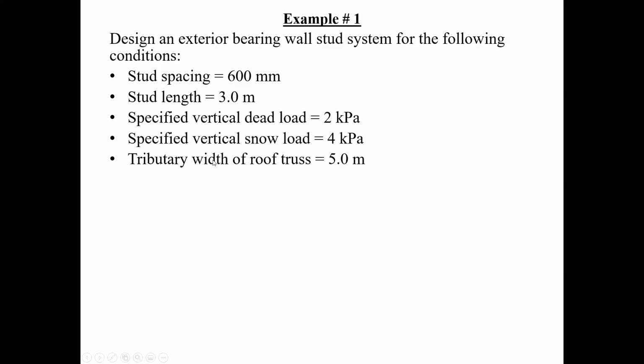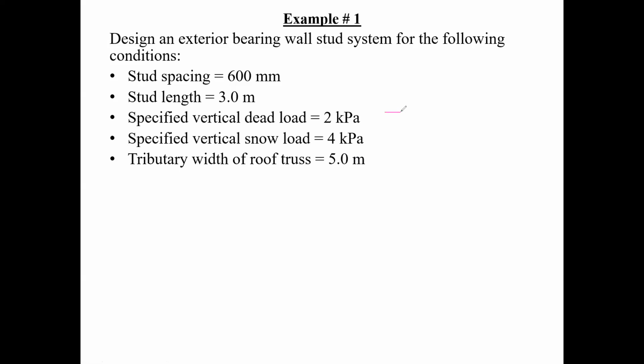Now, the tributary width of the roof truss is 5 meters. That means the truss has a 10-meter span. Everybody understands? In other words, I'm only taking what is tributary to the wall. So in this case, the span of the truss would probably be 10 meters. I'm taking half the span of that truss, which is acting on my exterior wall. So basically what's happening here is this.